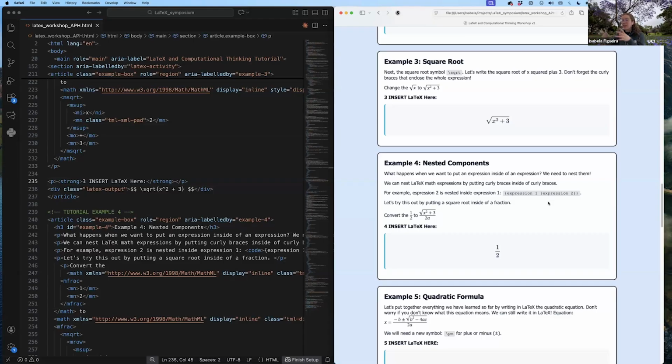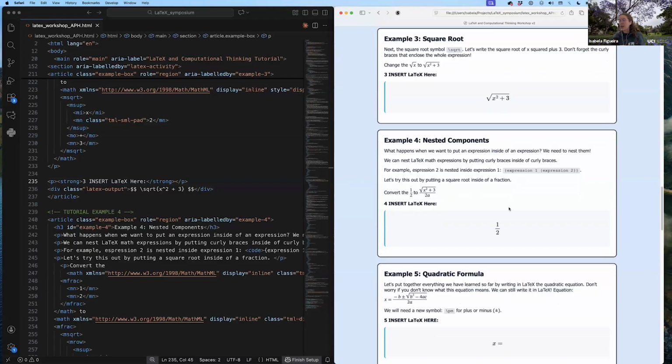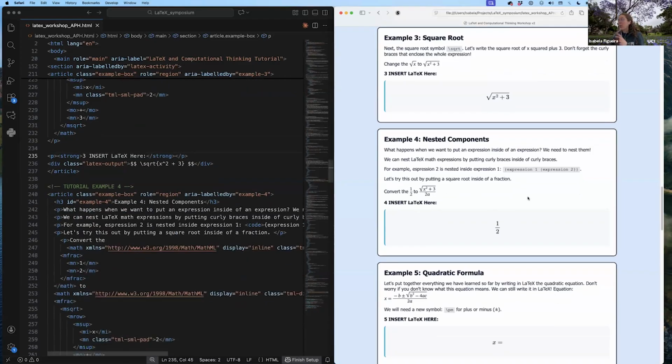So in that way, there's one set of curly braces with one expression inside of another expression. Let's try this out by putting a square root inside of a fraction. So let's convert 1/2 to the fraction with numerator the square root of x squared plus 3 that we just wrote, and denominator 2a.